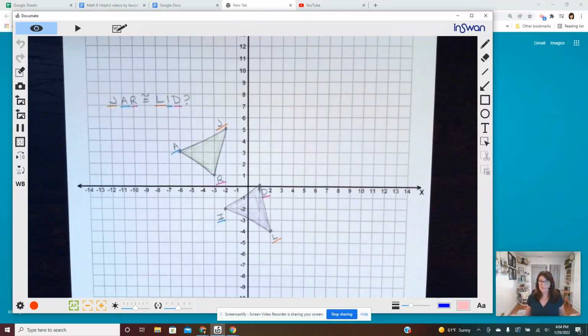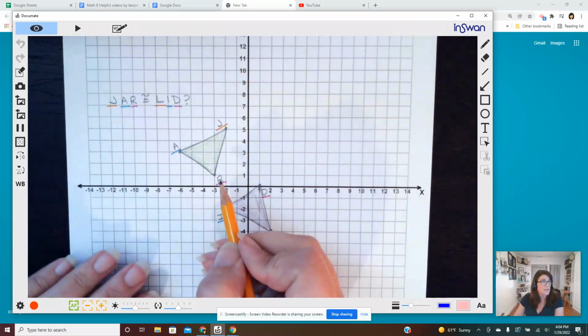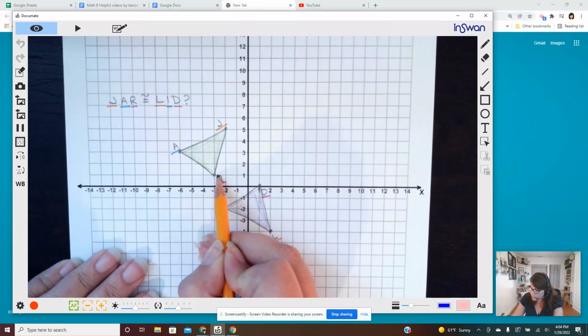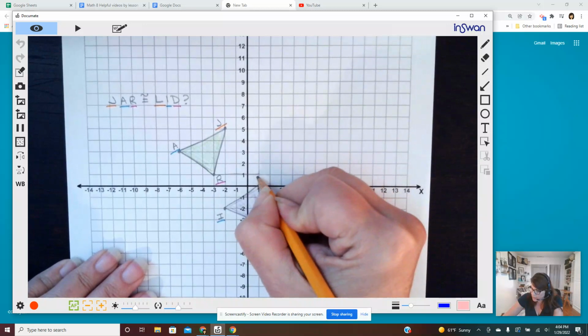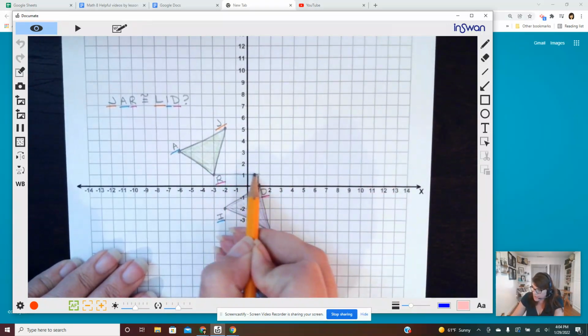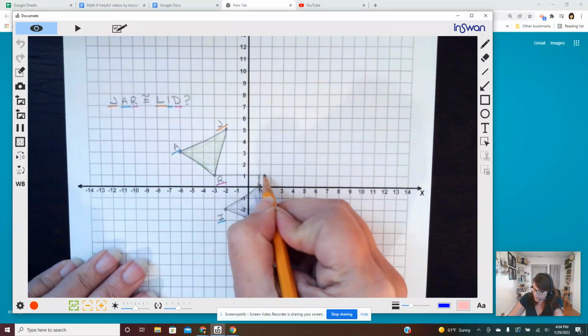So is that even possible? Well, what if everything went right 4 and down 1? That took R to D, and so I'm going to call this R prime.